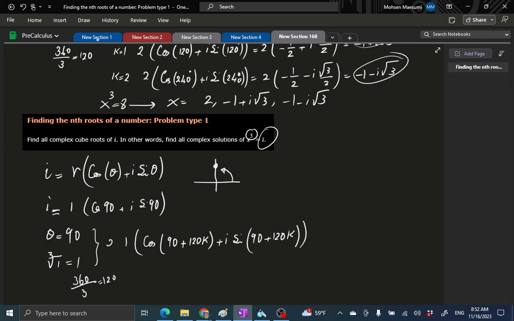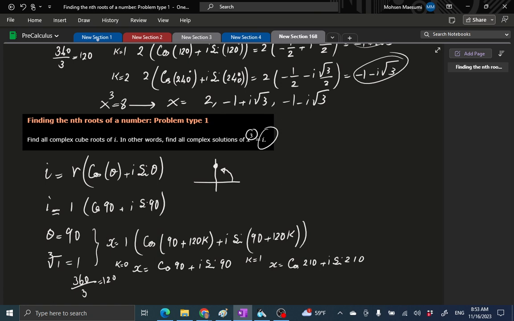So the x we are looking for is that. So let's write out what it is that we are trying to find. For case 0, so k is 0, this is cosine of 90 plus I sine of 90. For k equal to 1, x is, add 120 to this. So x is cosine of 210 plus I sine of 210.